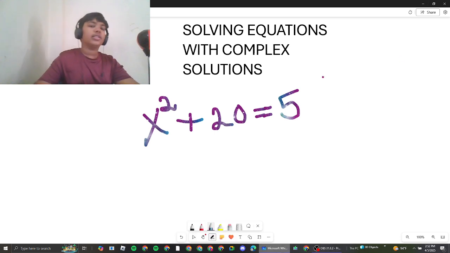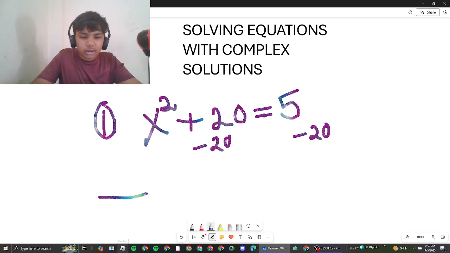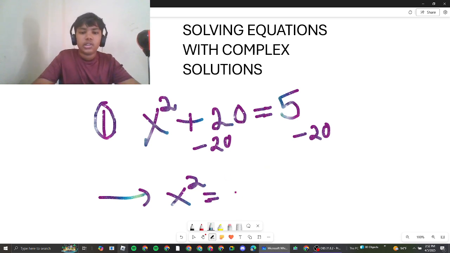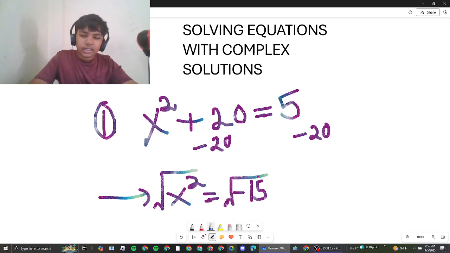So let's try to solve this. Okay, first we're going to subtract 20. Then we get x squared equals 5 minus 20, which is negative 15. And then we have to take the square root on both sides, and now we can put the plus minus sign here.